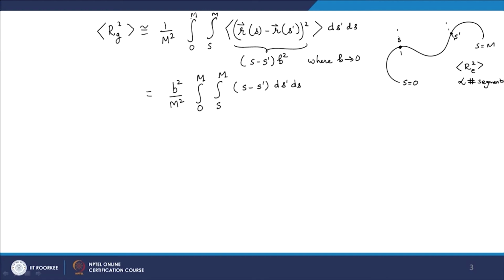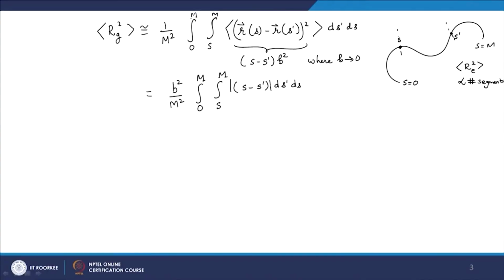Okay. So, now there is a small detail here that depending on how I am defining s and s prime, if s is higher than s prime, then we have to look at the quantity s minus s prime because that is a positive number. If s prime is however higher than s, we have to look at s prime minus s.